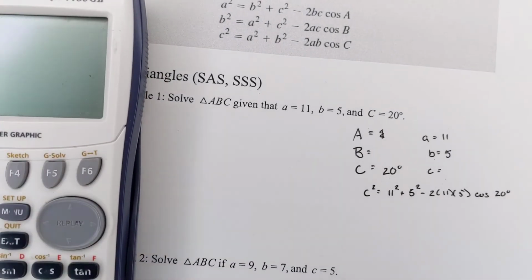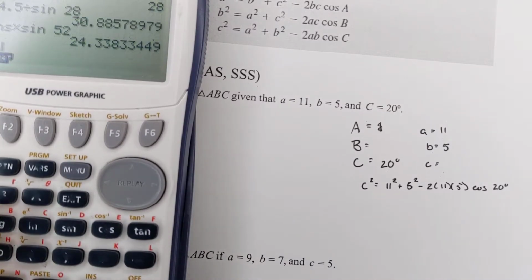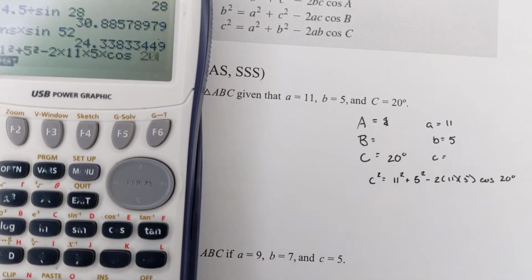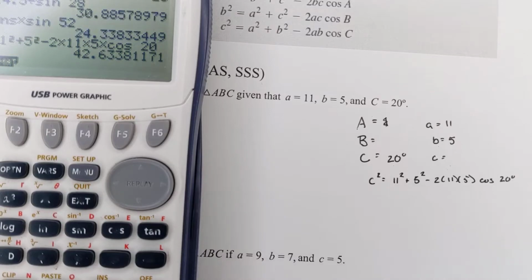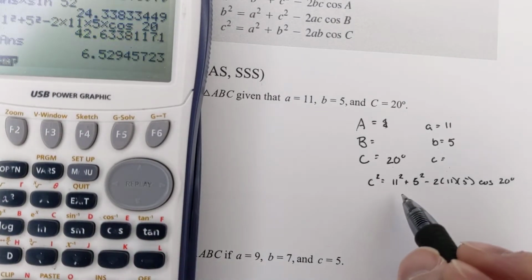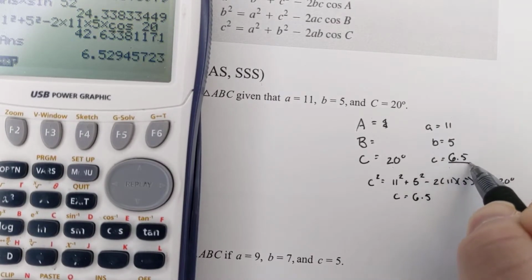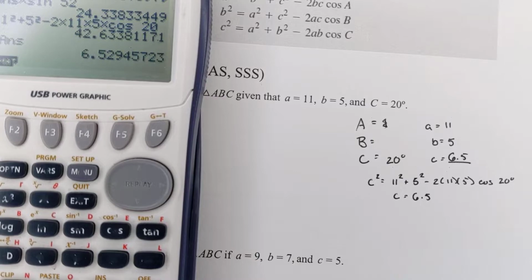I can literally just type that whole string into my calculator. 11 squared plus 5 squared minus 2 times 11 times 5 times the cosine of 20 gives me that number. Now that's c squared, so I do need to take the square root. So c is equal to about 6.5. There is c.